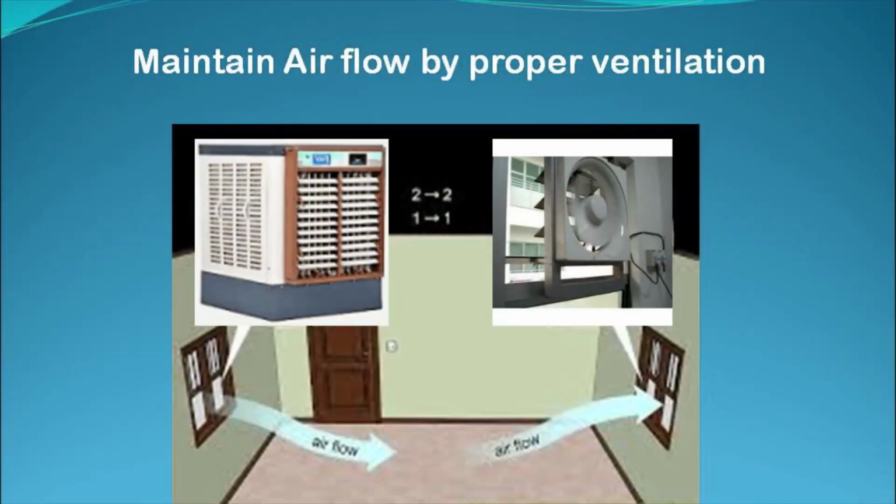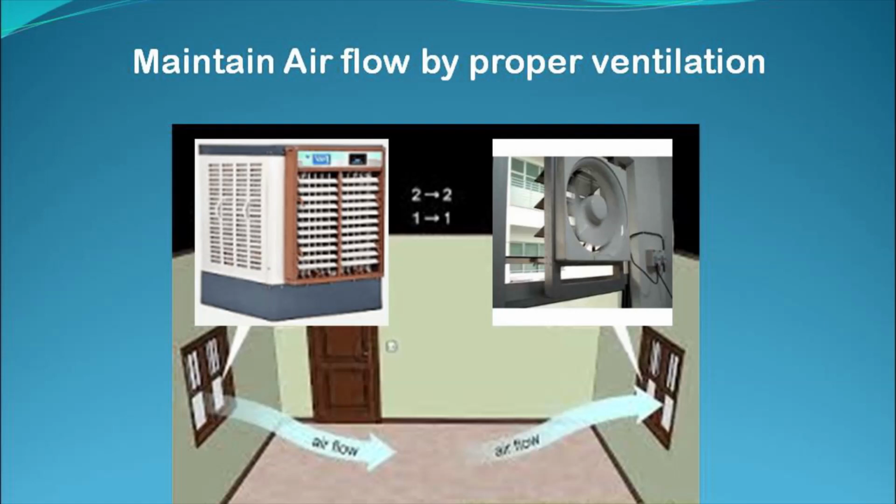Also, you need to increase the air flow inside your house. There should be one vent or a window at the back side of the cooler to take the inflow of air, and you also need to give some exit point as well. Otherwise, it will increase the humidity.